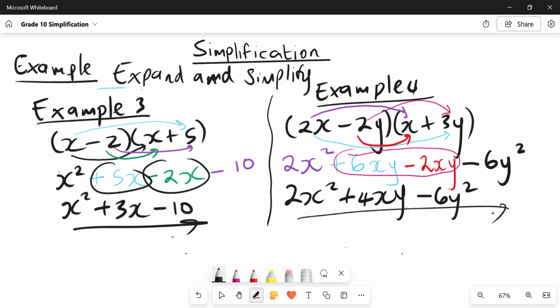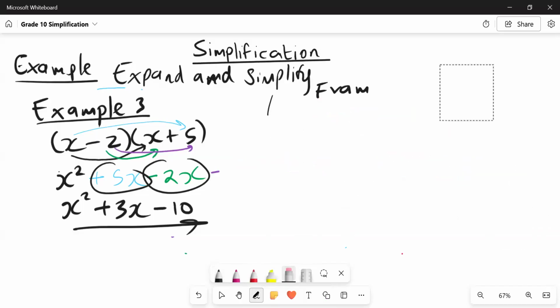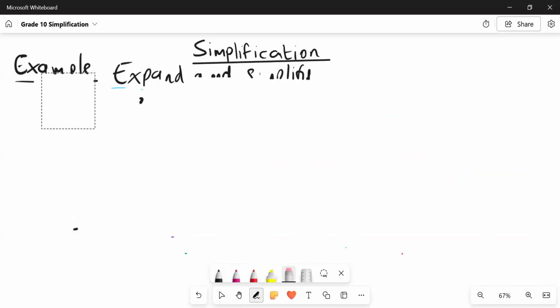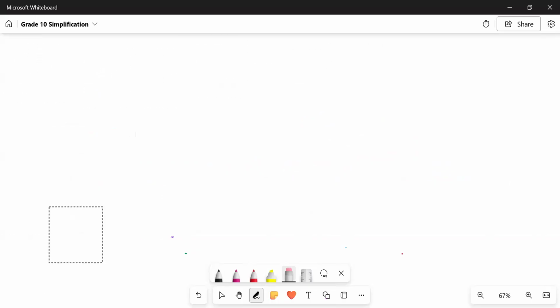Now we're done with the distribution as well as what we call finding the product of binomials. So now I want us guys to move to how to expand. It's still under simplification. We are still simplifying.